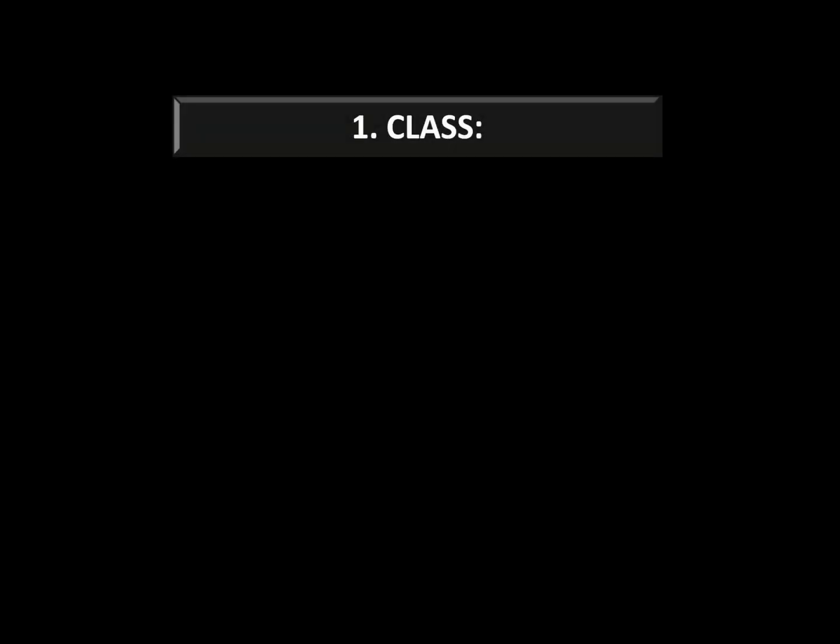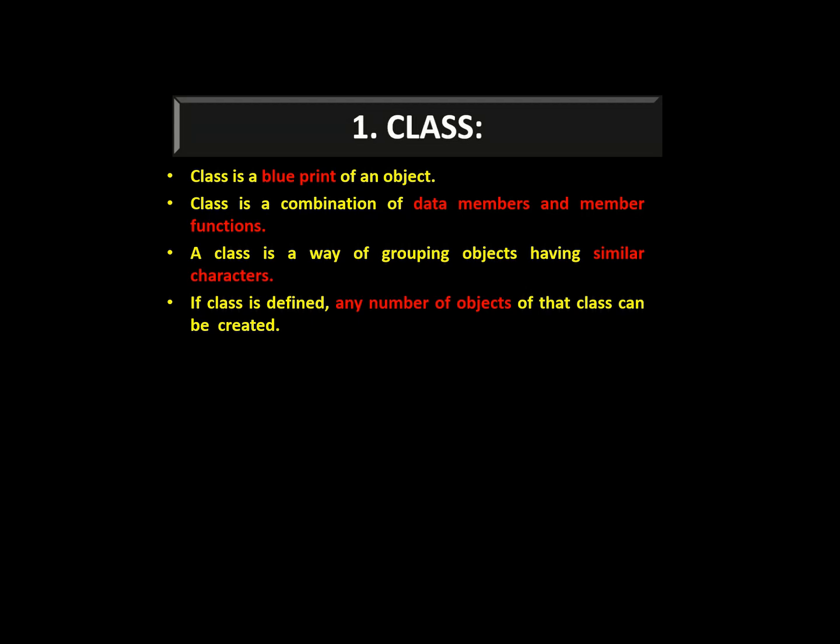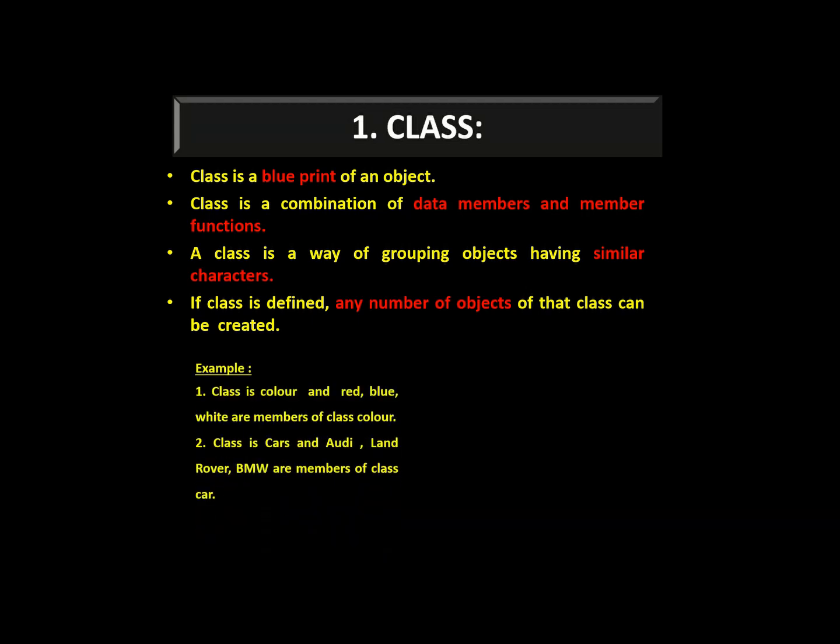First one is class. Class is a blueprint of an object. Class is a combination of data members and member functions. A class is a way of grouping objects having similar characteristics. If a class is defined, any number of objects of that class can be created.